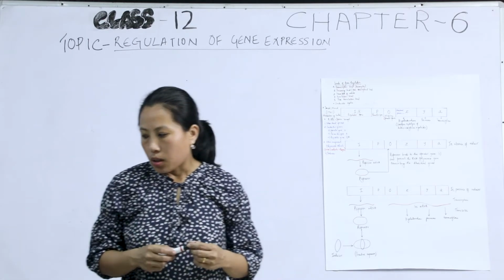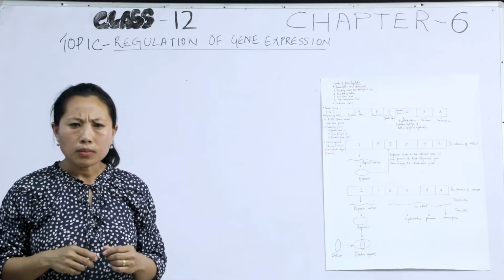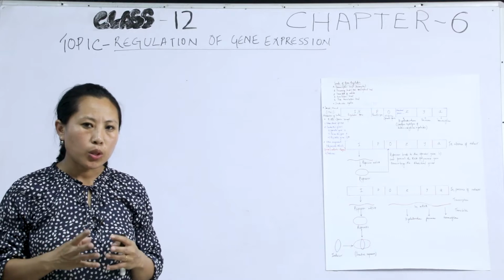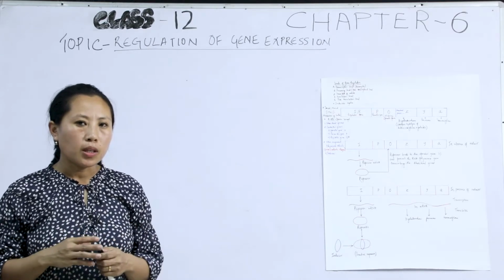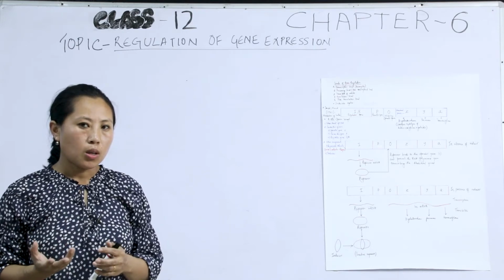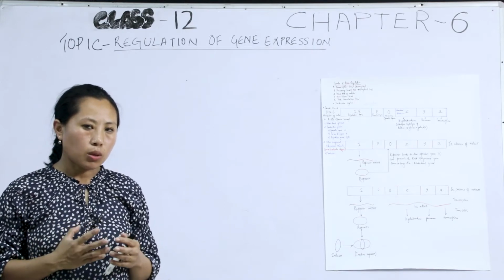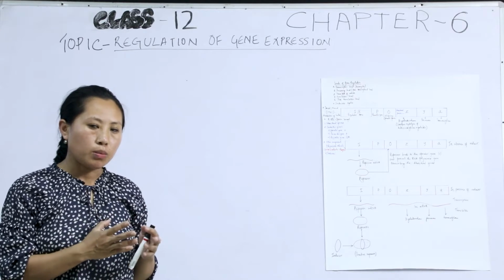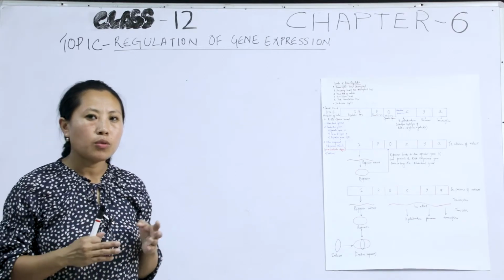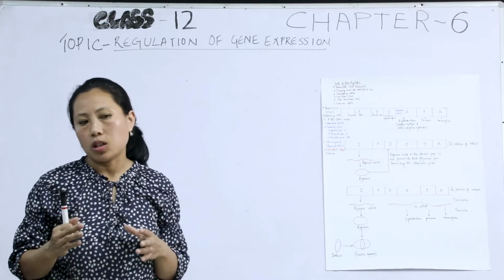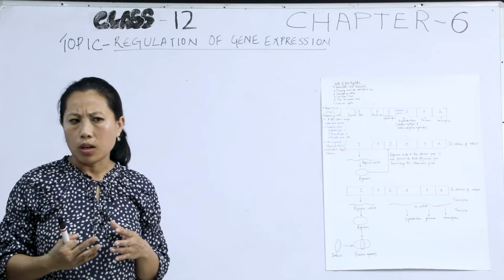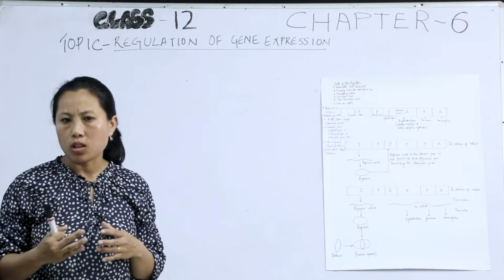Okay, so this means that as and when the cell requires a protein, the gene which codes for that particular protein will be switched on, would be expressed, and protein will be synthesized. When the product is not required, that particular gene will be switched off. So the flow of information from DNA to mRNA to protein is regulated under a mechanism of switch on and switch off.